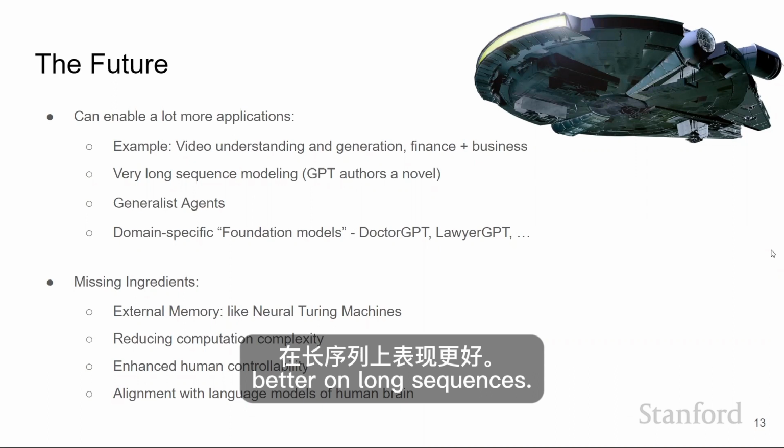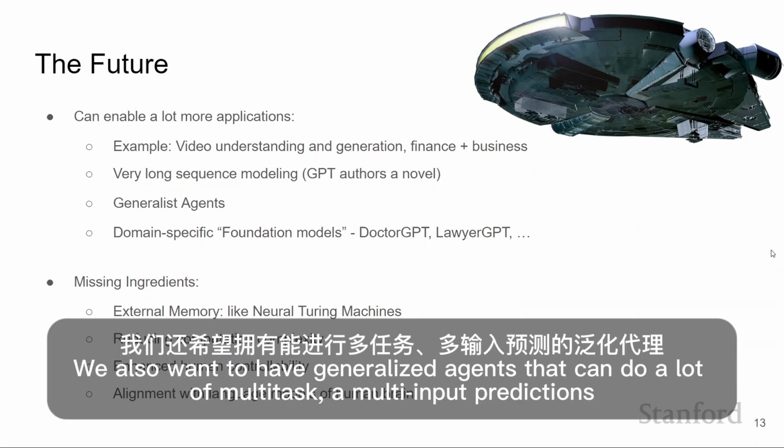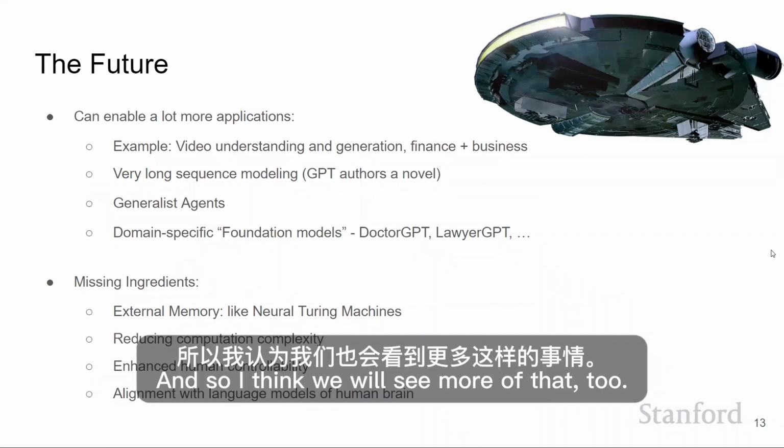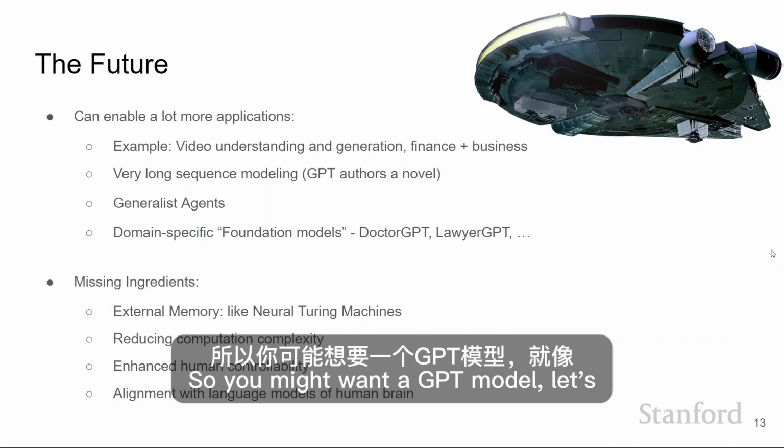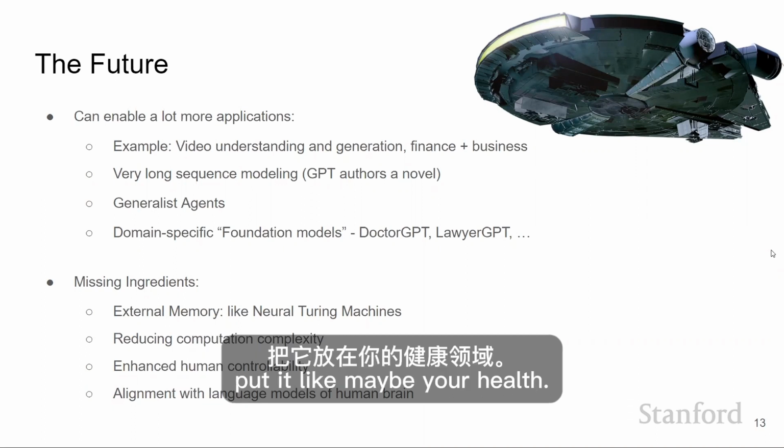We also want to have generalized agents that can do a lot of multitask, multi-input predictions like Gato. And so I think we will see more of that too. And finally, we also want domain-specific models. So you might want a GPT model that's good at your health.